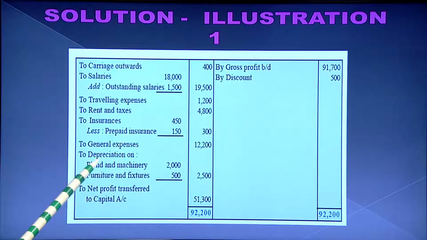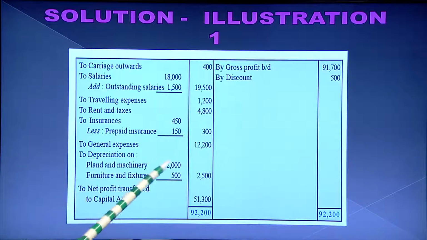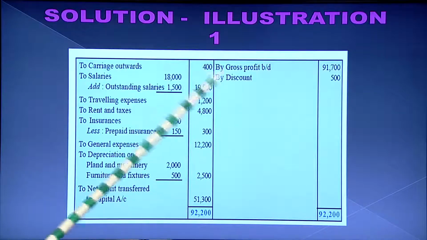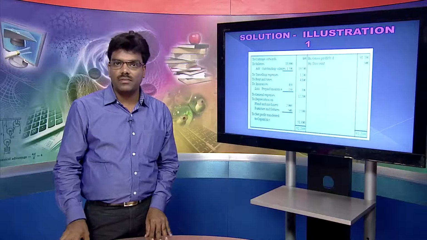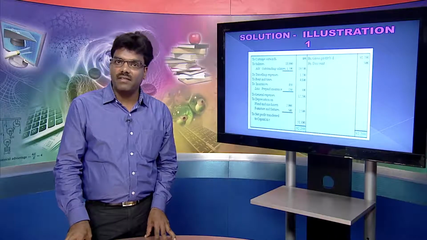After that, there is adjustment for depreciation. So, the cost of plant and machinery is rupees 20,000, and the value of depreciation, that we calculated, is 2,000, and depreciation on furniture and fixtures is rupees 500. Total depreciation is 2,500. One indirect income is also given in the question, that is discount. Total discount is rupees 500.